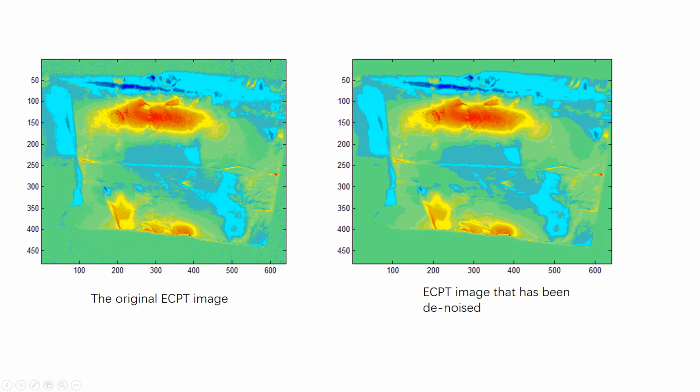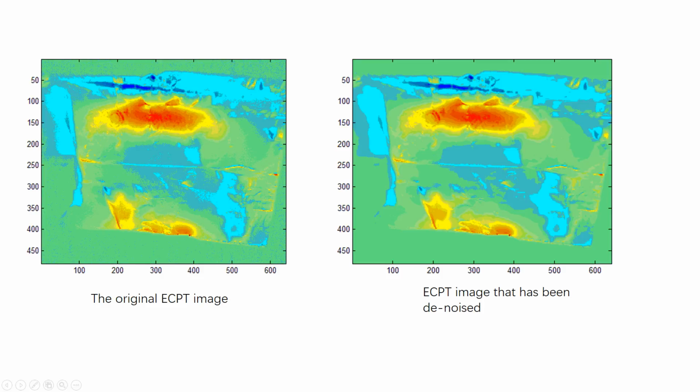Here are two pictures. The first image is the original ECPT image. We can see there are so many spots in the image. The second one is an ECPT image that has been denoised by the wavelet transform.